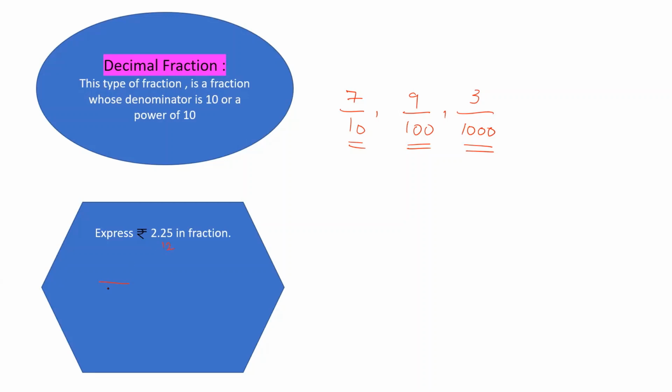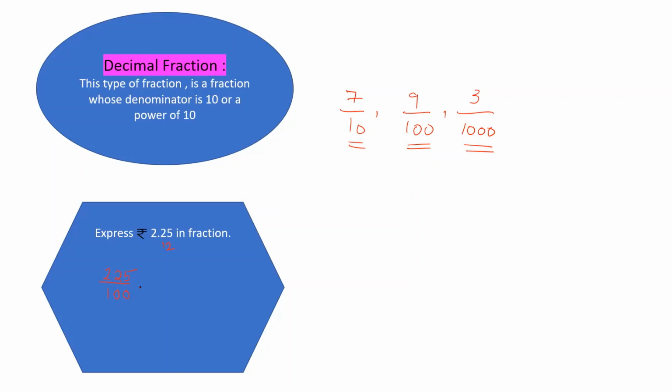So in the denominator, write 1, and since we have 2 digits after the decimal point, write 2 zeros. In the numerator, write the number as it is, without the decimal point: 225. In the denominator, write 100, because we have 2 digits after the decimal point. That is the reason why it is 100.